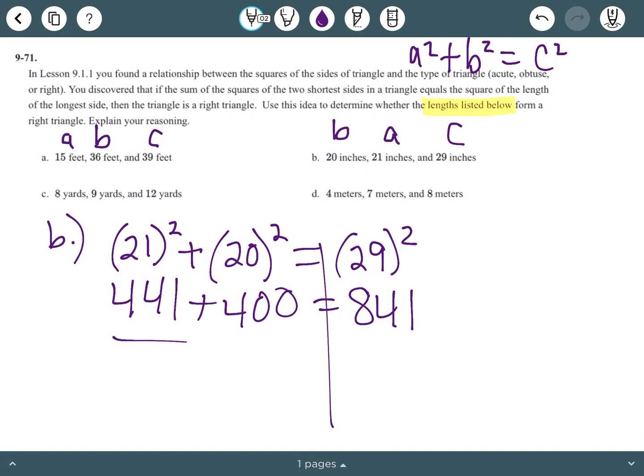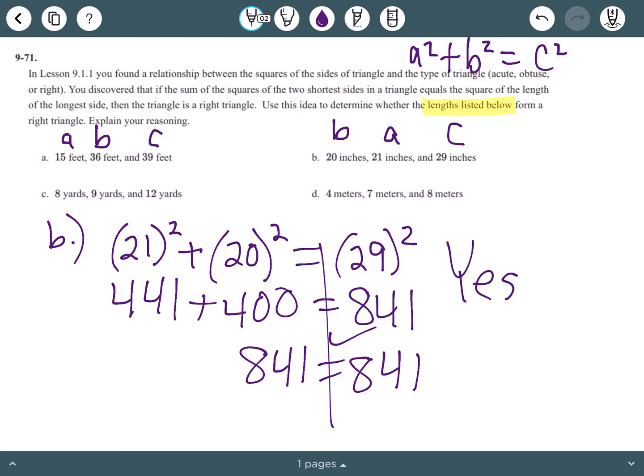Remember, these two smaller areas, to have a right triangle, need to add up to this larger area. So 441 plus 400 does give us 841. Since this works out and it's equal on both sides, yes, we do have a right triangle.